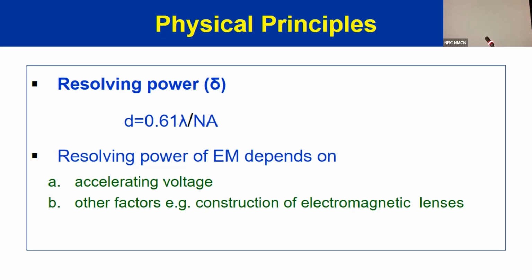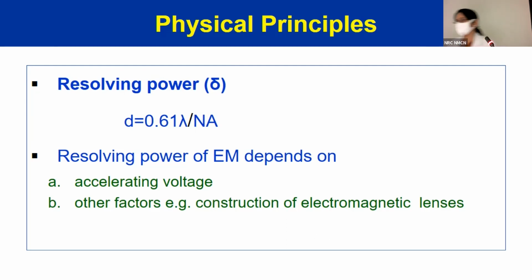Okay, so for example, in our microscope, we can use it up to 200 kV, but 120 kV. So we have 80, 100, and 120 kV. So when we use an accelerating voltage of 100 kV, the wavelength decreases further, and therefore we can go to higher magnification. So that is why the accelerating voltage is important.